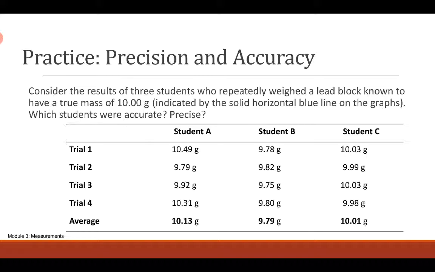Look at which students were accurate and which students were precise. After you figure that out, we'll look at graphs of the data to figure out if they were actually accurate or precise or both. But go ahead and pause the video and try to think about which students were accurate and which students were precise.